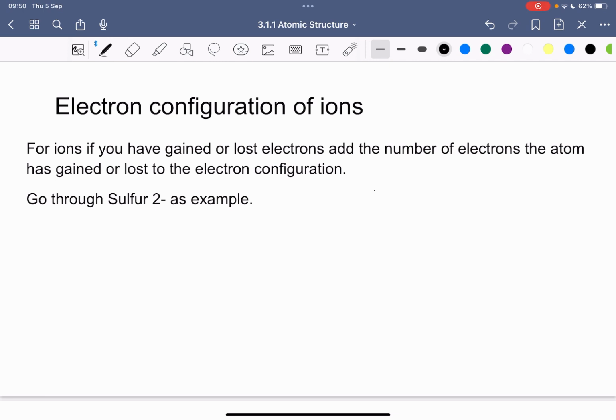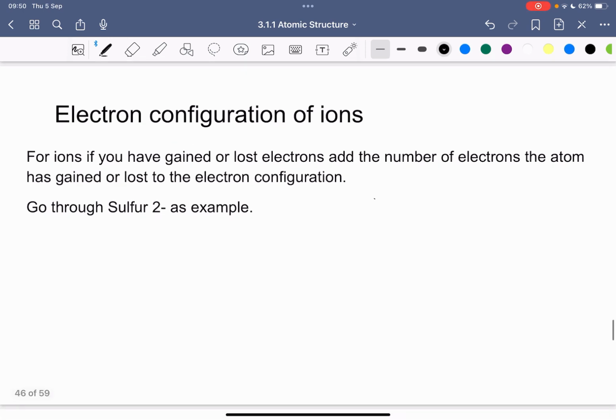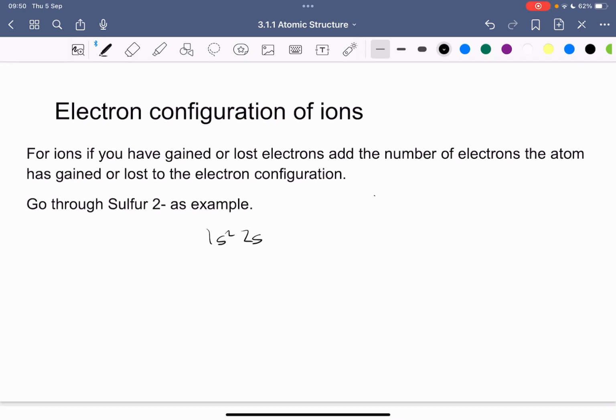So just pretend you're writing down the electron configuration of argon, because argon has the same electron configuration as sulfur 2-. So I'm going to do 1s2, 2s2, 2p6, 3s2, 3p6.